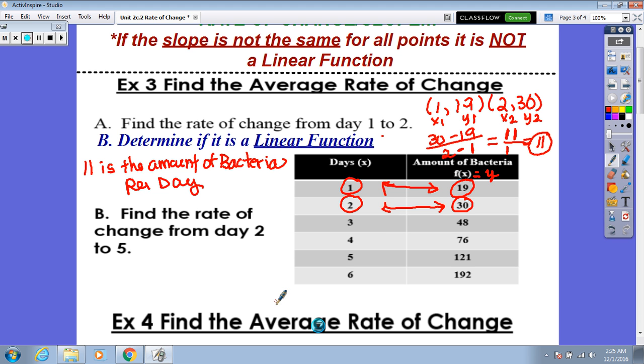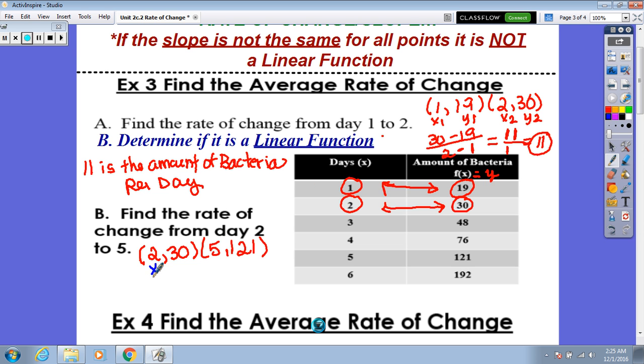All right? So let's find the rate of change from day 2 to day 5. So day 2 has the point of 2, 30. And what is the point for day 5? 5 and 121. Now, for this one, let's label our points.